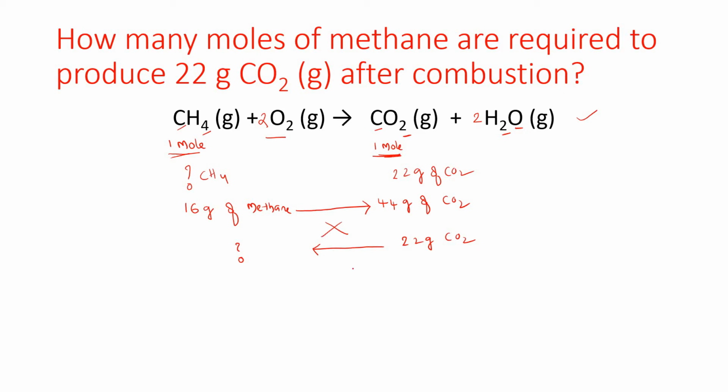Multiply 22 with 16 and divide with 44. So the weight of methane is equal to how much? 22 ones are 22, 22 twos are 44, so 2 ones are 2, and the answer will be 8 grams of methane, right?